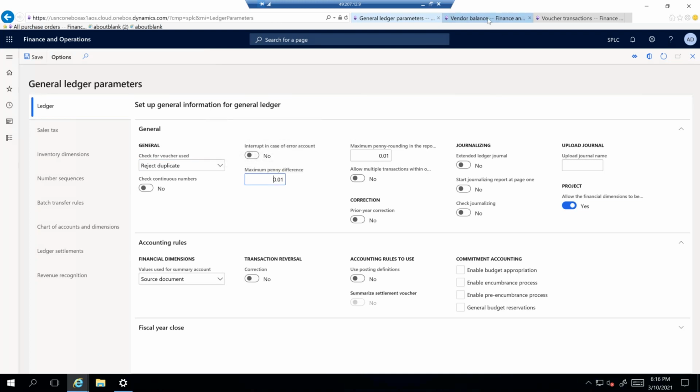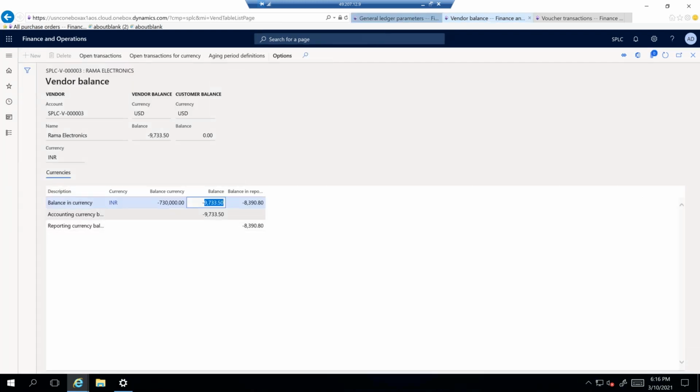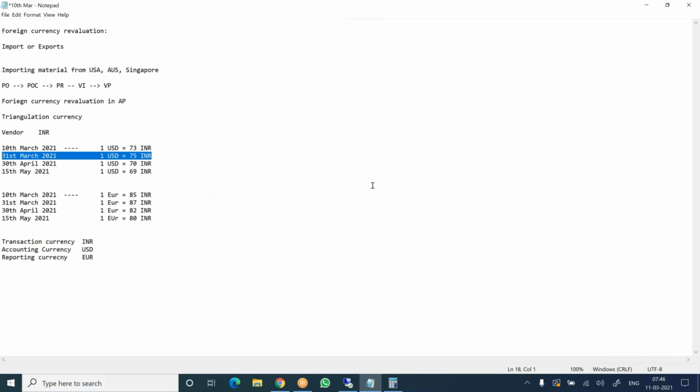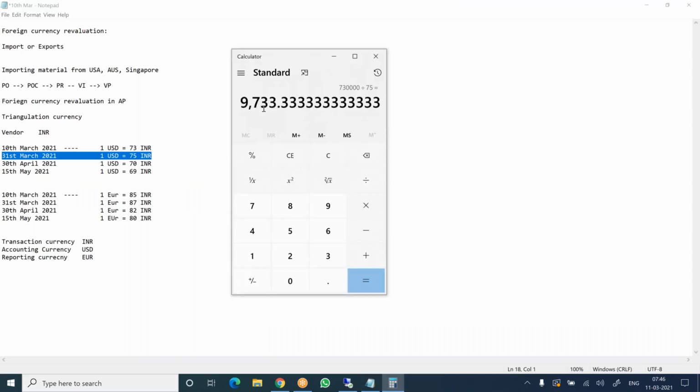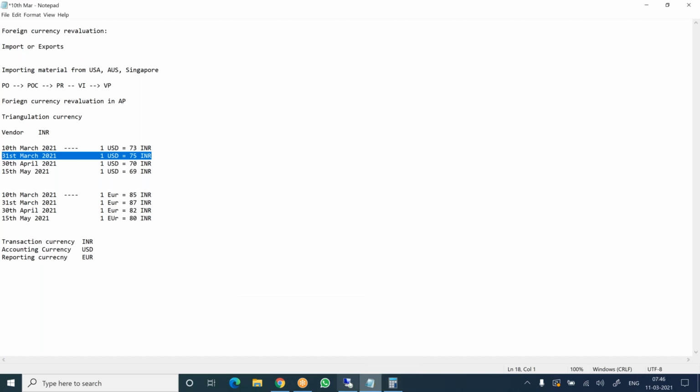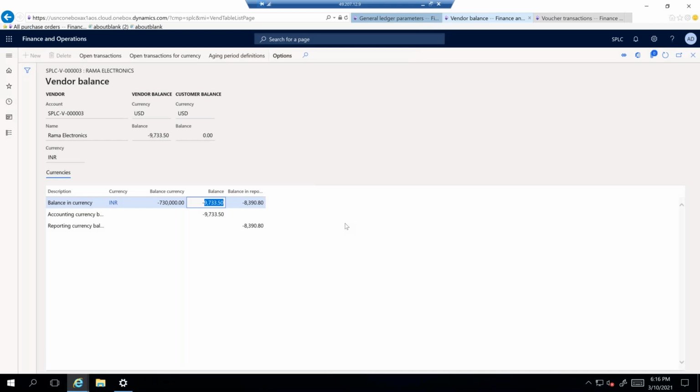Then why is it showing this one? 9,733.50. One second. It should be 9,733.33. It was rounding to somewhere else.